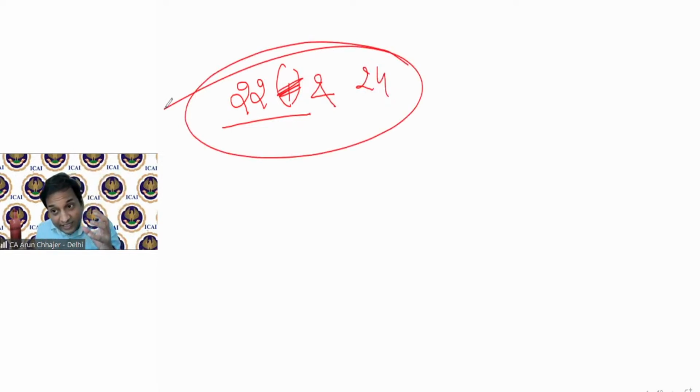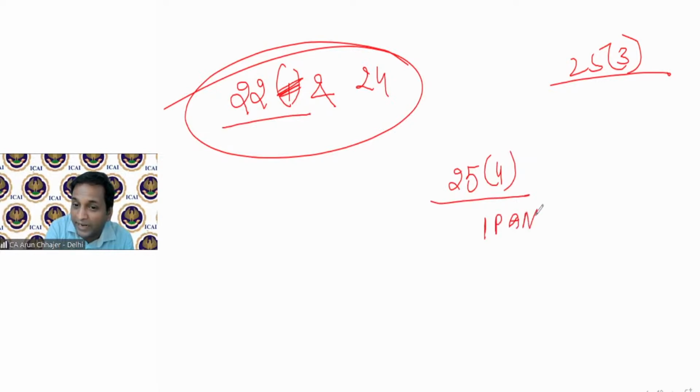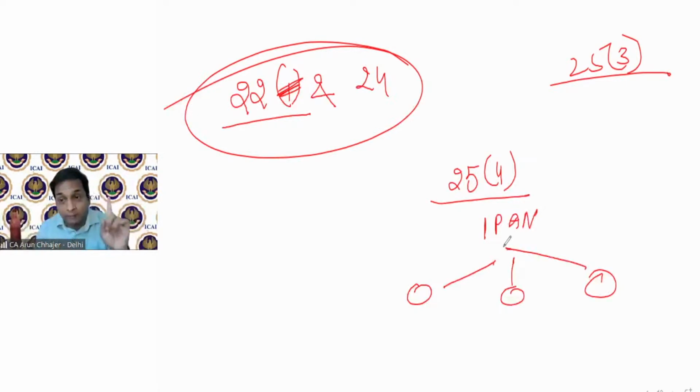Whether I am required to take registration is covered by section 22 or section 24. I am talking about mandatory registration. Voluntarily, you can apply under 25 subsection 3. 25 subsection 4 only says that if you have one PAN and multiple GST numbers, it is called a distinct person. That's it. But 25 subsection 4 does not say that I have to take registration in every state. It is only defining the distinct person.